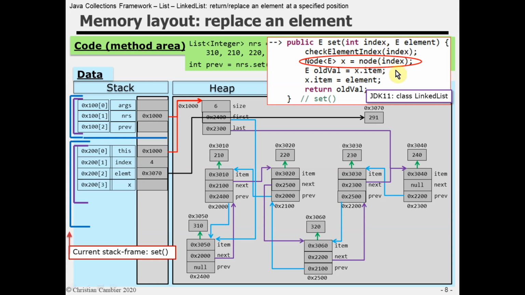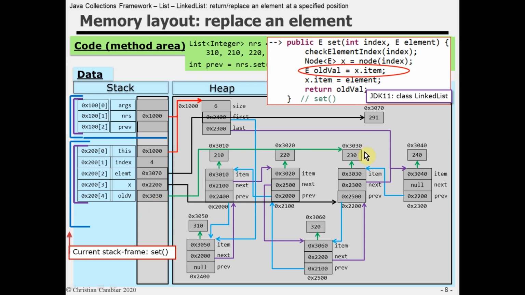It returns the address of node at position 4, the node with fictional address 2200. And that is what x is referring to. After that, local variable oldValue is allocated on the stack, and it returns the value of x.item. x.item is 3030, so a reference to the integer wrapper object.